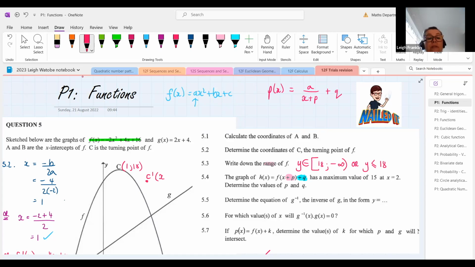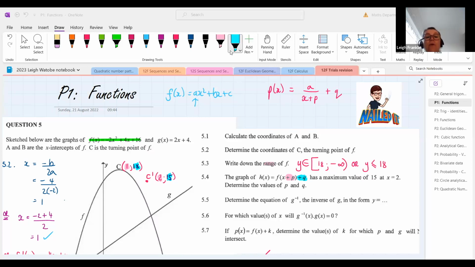And the coordinates here are 2 and 15. So in other words, if we compare what's happened to our x's, it's moved 1 to the right. If we compare what's happened to our y's, we've moved 3 down.